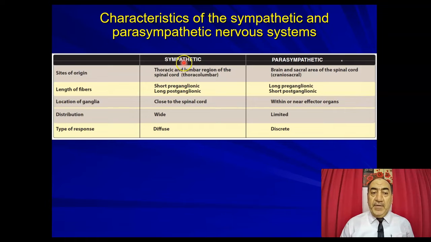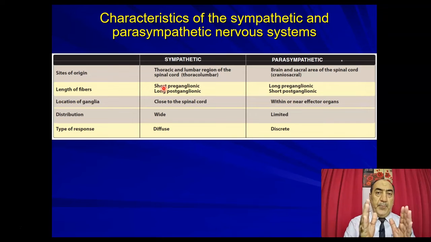The sympathetic nervous system has a short preganglionic neuron, so the ganglion is lateral, or pretty close to the CNS, whereas the postganglionic is long. That's because the sympathetic nervous system has what's called sympathetic chain ganglia close to the central nervous system.